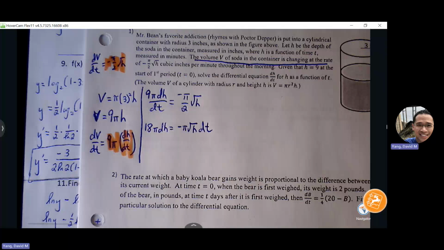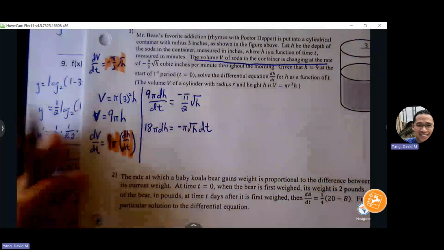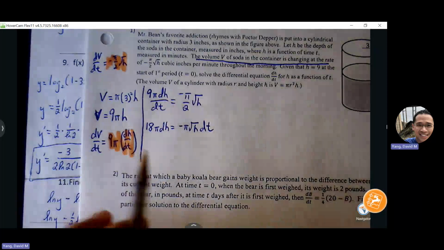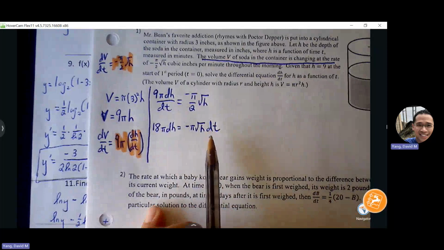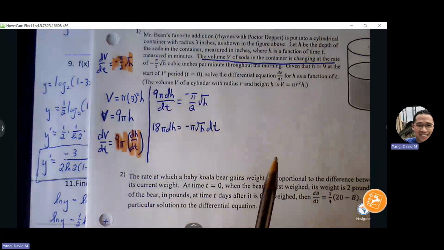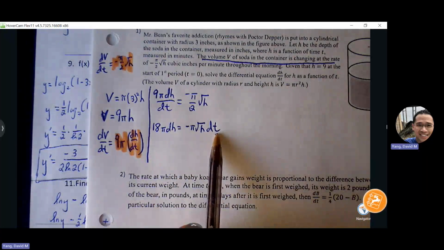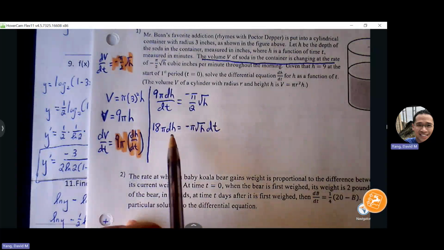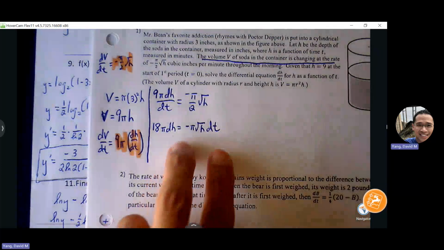I need full separation of variables. I know we're probably used to having x and y in our equation here, but if you have variables other than x and y, it'll always be time t and another variable. Okay, so t is always your x, and then whatever the other variable is, that's your y. Okay, so here we want h's on the left, t's on the right.